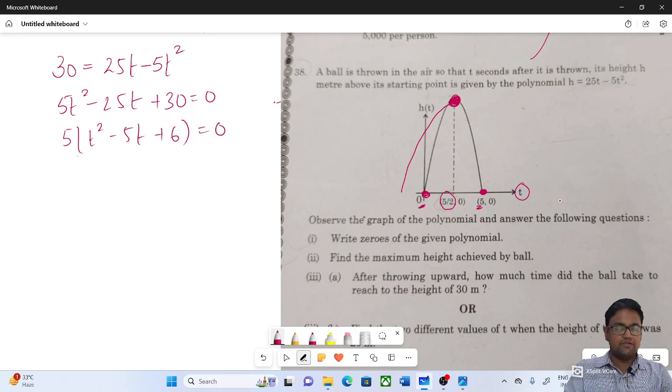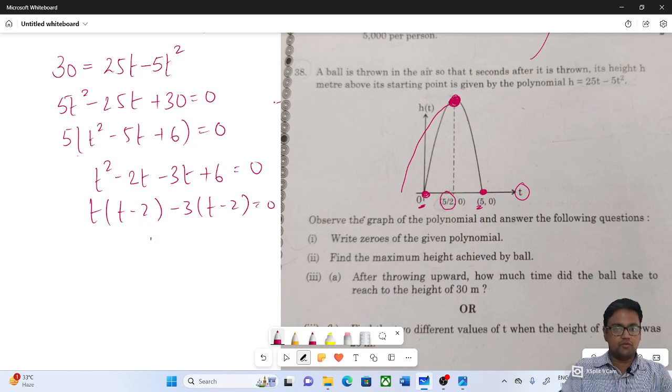So 5 goes there and becomes 0. t square, now how will we do this? Minus 2t minus 3t, plus 6 is equal to 0. t minus 2 into t minus 3 equal to 0. So 2 and 3 seconds.